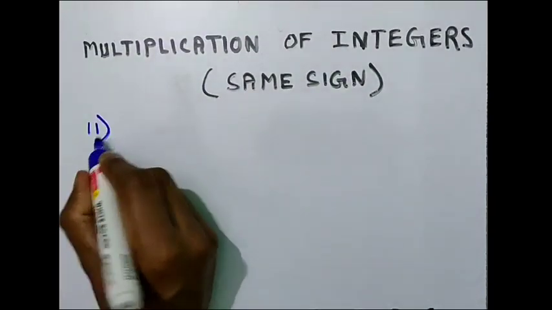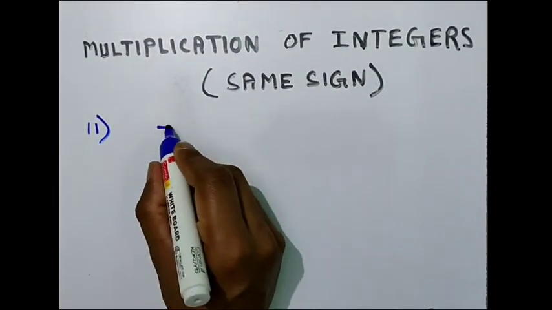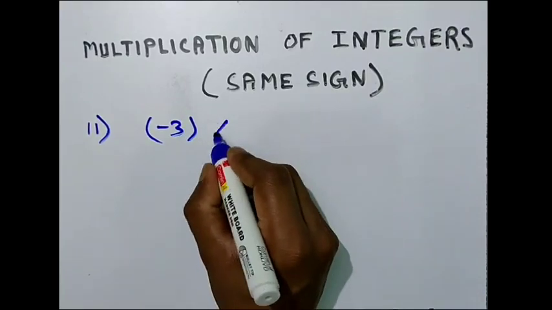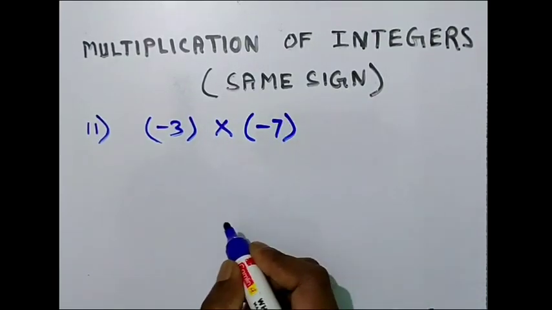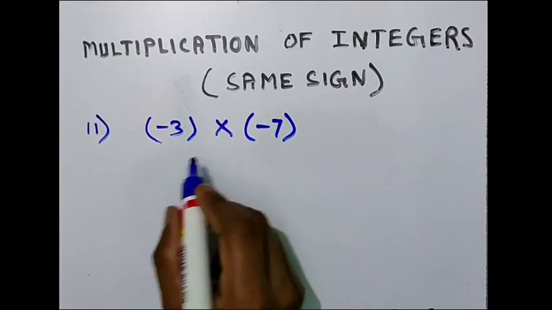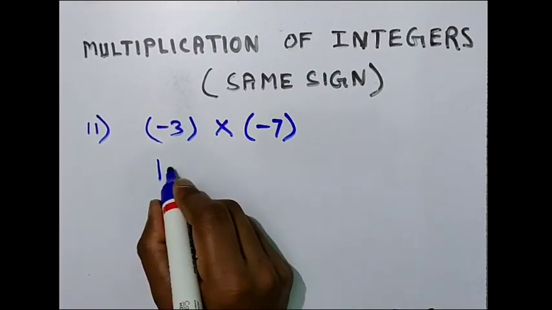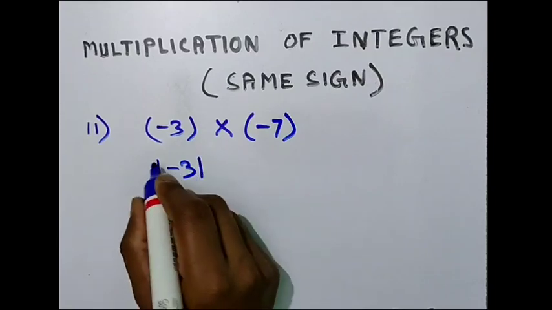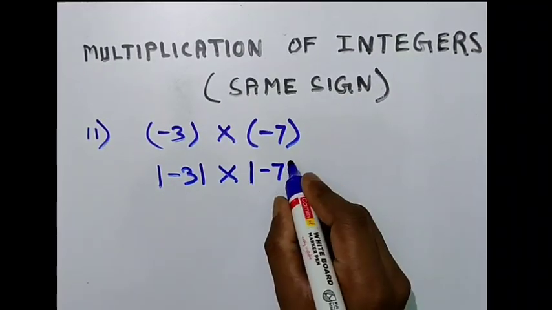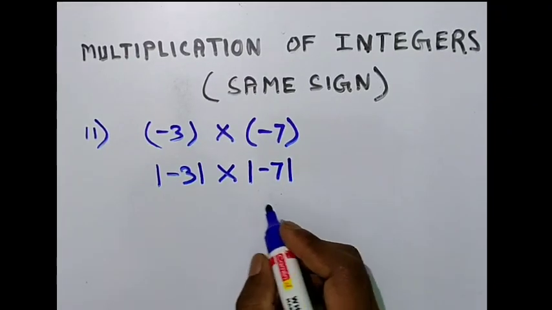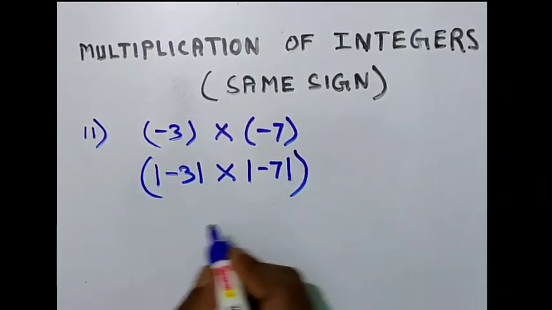Let's multiply negative 3 with negative 7. So what will we do first? Find the absolute value of negative 3 and negative 7, and we'll multiply.